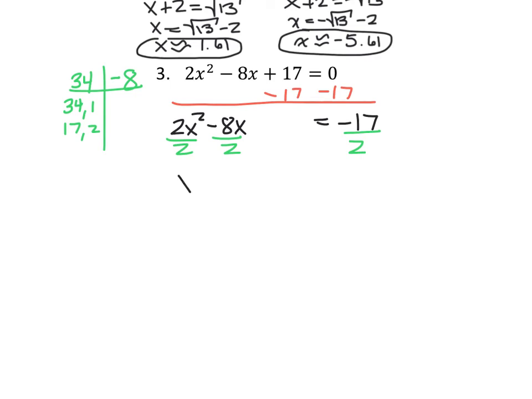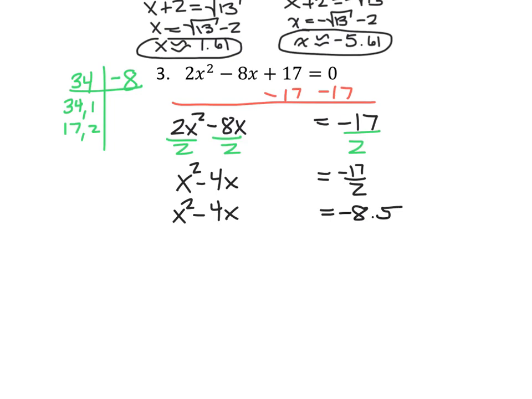So I've got x squared minus 4x equals -17/2. And you can leave it as -17/2, although I suspect a lot of you might want to turn that into a decimal. It's completely up to you what you want to do. If we do turn that into a decimal, we would end up with -8.5 over here.